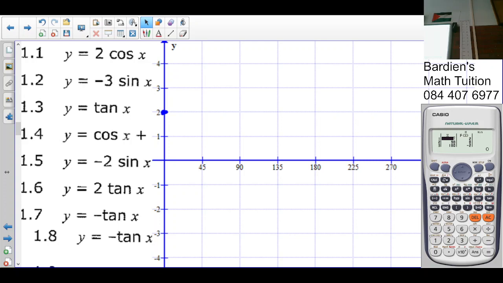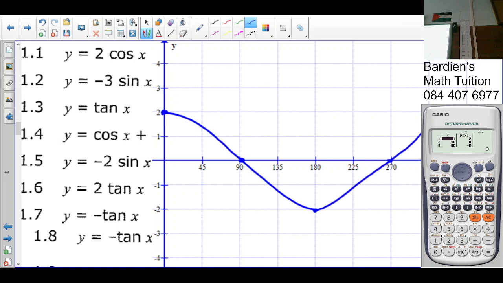0 corresponds with 2. 90 corresponds with 0. 180 corresponds with negative 2. 270, 0, 360, 2. So what do we do? Connect the dots.